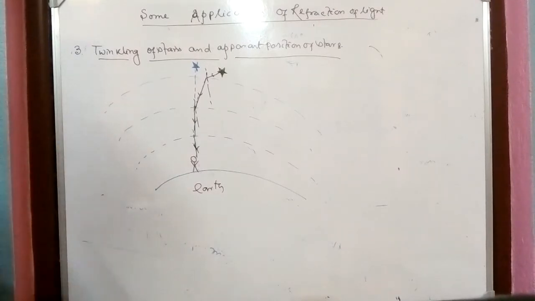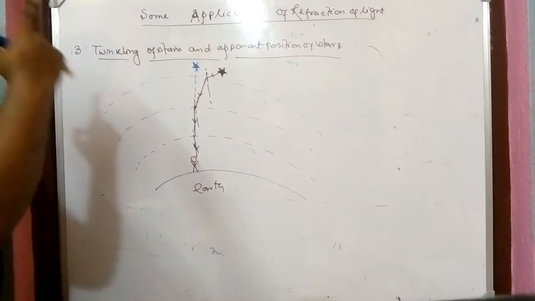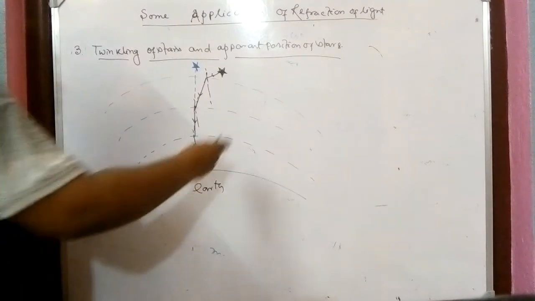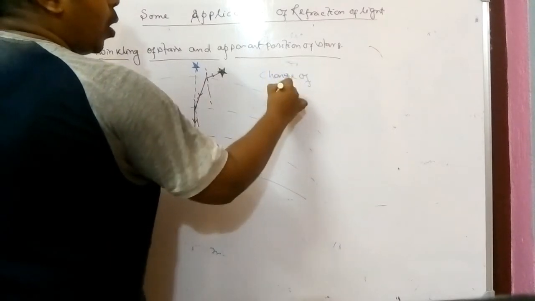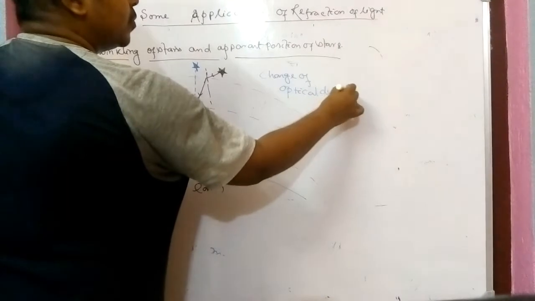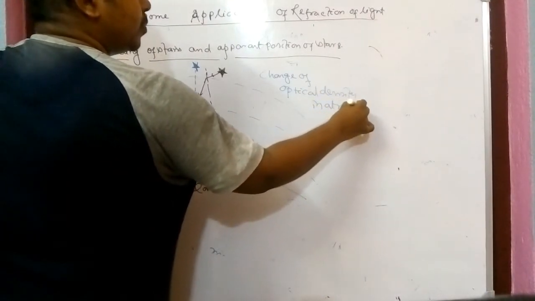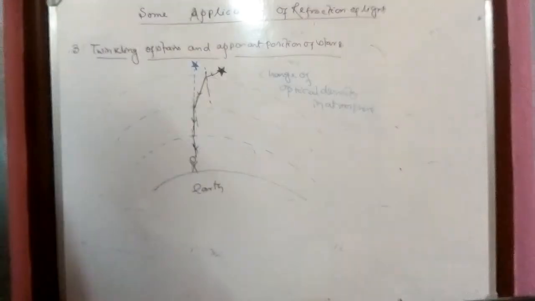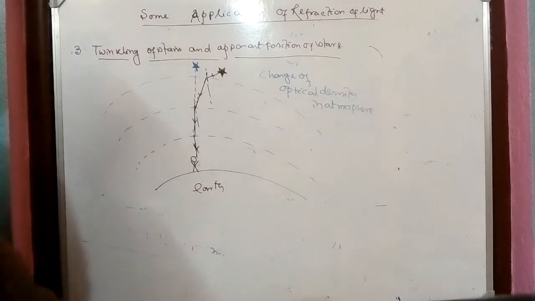Great, that rhymes. You have remembered twinkle, twinkle, little star. So the twinkling of stars occurs due to the change of optical density in the atmosphere. Okay, so that is another example or application of refraction of light.